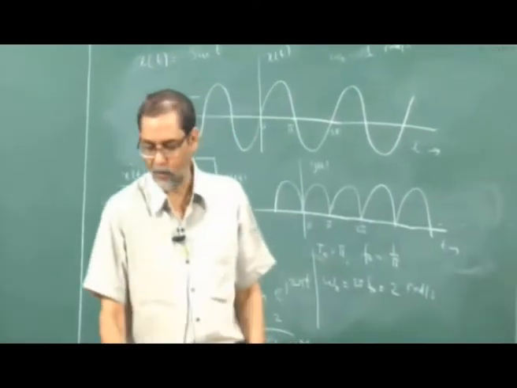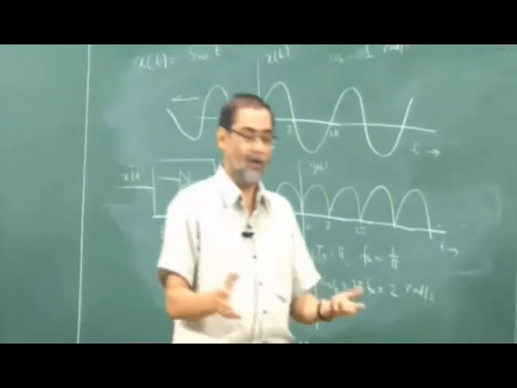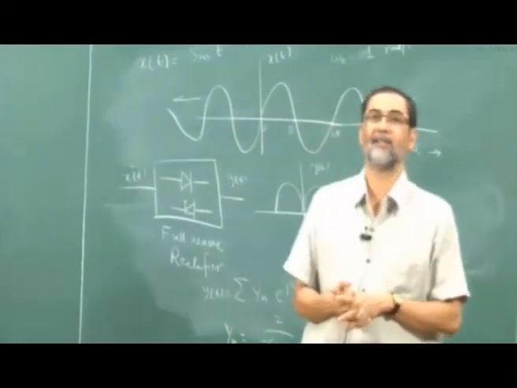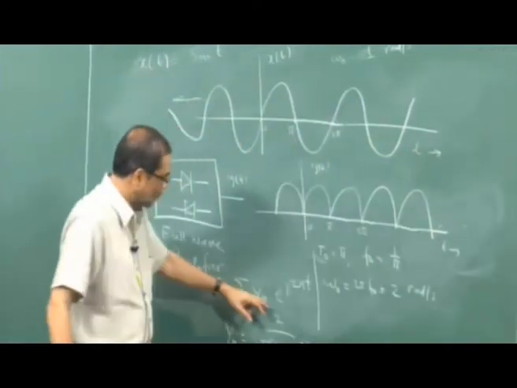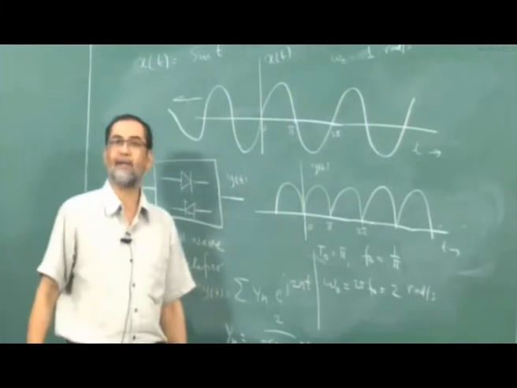Okay. I am not showing the details. This is not a class for that. So please go ahead and show this. Yn is 2 by pi (1 minus 4n square).